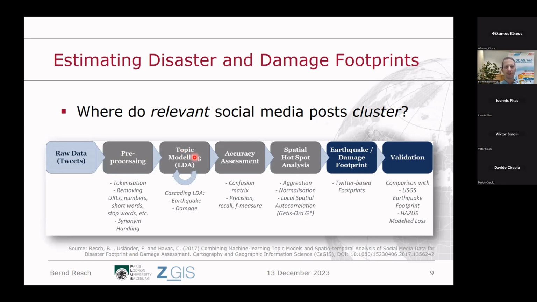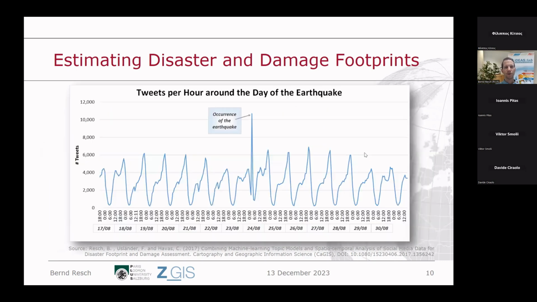Here we say topic modeling, not always the case, but the idea is that we semantically identify posts that are relevant for our use case. We do an accuracy assessment, mostly statistically, but also qualitatively. And then we do some kind of spatial analysis, like a hotspot analysis, for example, in which we then get a disaster footprint.